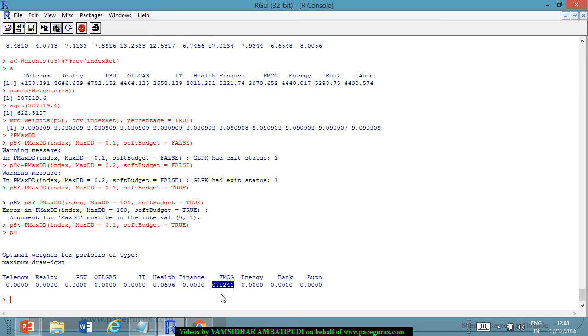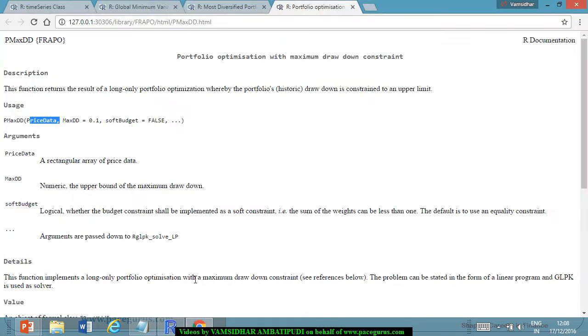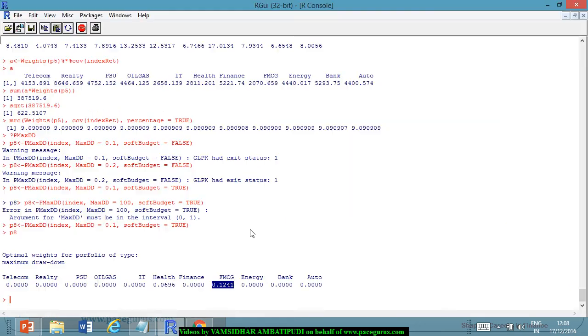If you really want your drawdown to not go beyond 10% of the existing value, then you cannot invest anything more. Just invest around 12.41% in FMCG and 6.96% in healthcare. All other things are not coming into the picture at all.